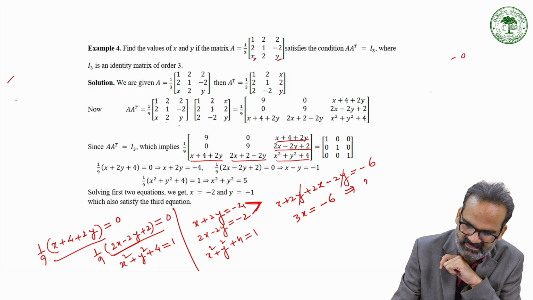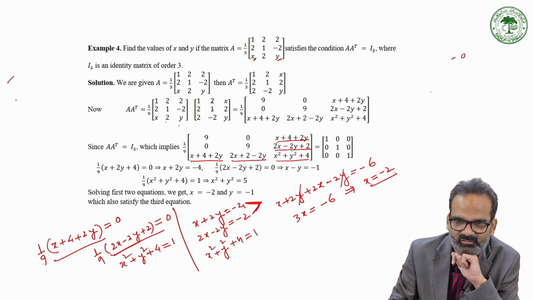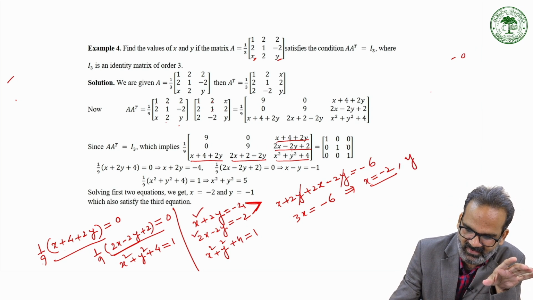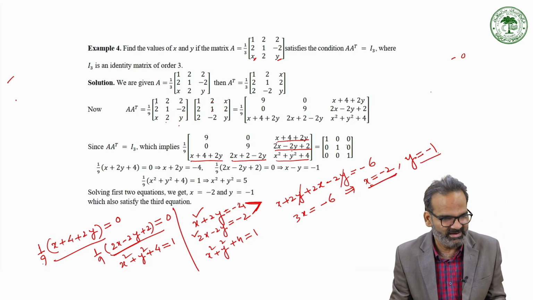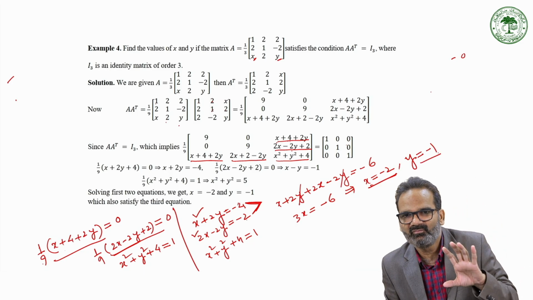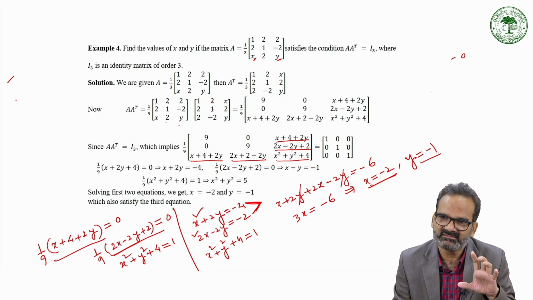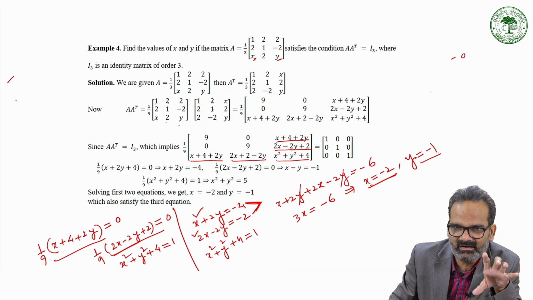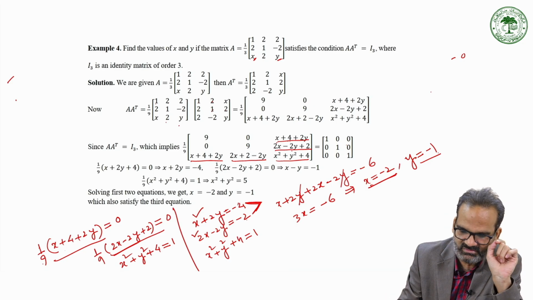So this implies x is equal to minus 2, right. Now put the value of x in either equation 1 or equation 2. You will get the value of y as equal to minus 1. So x is equal to minus 2 and y is equal to minus 1. These are the two values of x and y which we obtained from equation 1 and equation 2.